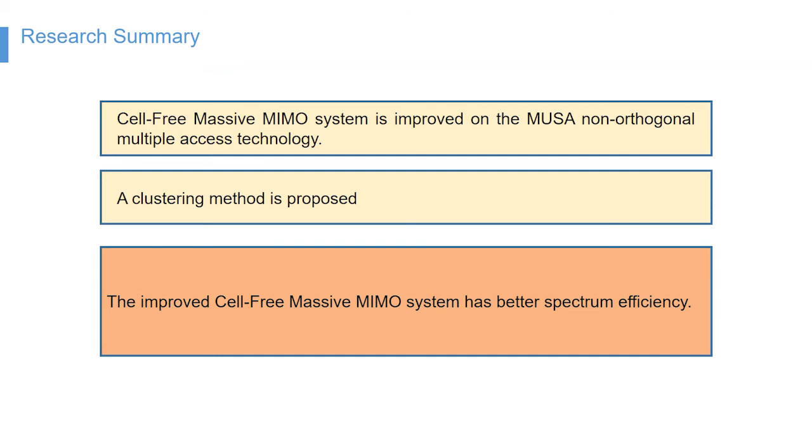Users in the same cluster use MUSA to distinguish codewords and use MMSE-SIC to detect multi-user information. The result shows that the improved Cell-Free Massive MIMO system has better spectrum efficiency.